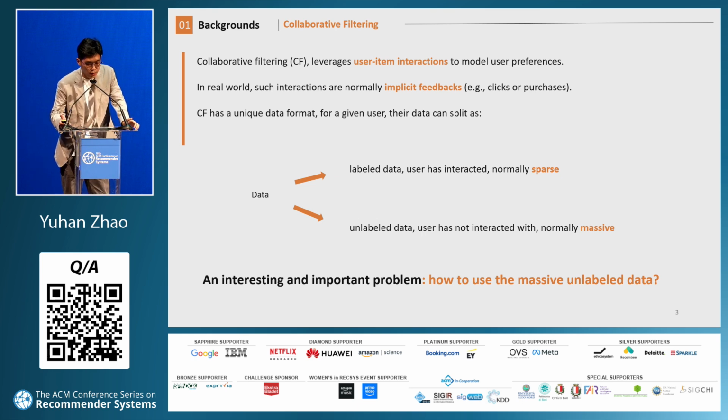For a given user, their data can be split as labeled data, items the user has interacted with, normally sparse, and unlabeled data, items the user has not interacted with, normally massive. So we focus on an interesting and important problem: how to use this massive unlabeled data.